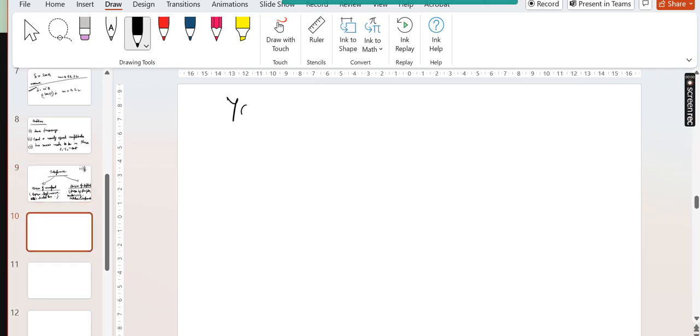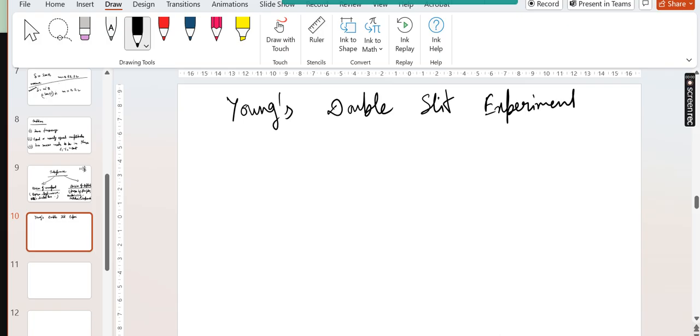First we have seen the Young's double slit experiment, which was done in 1801.